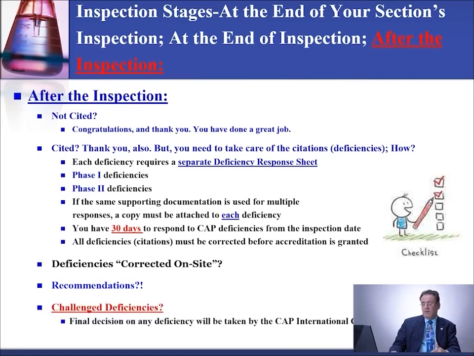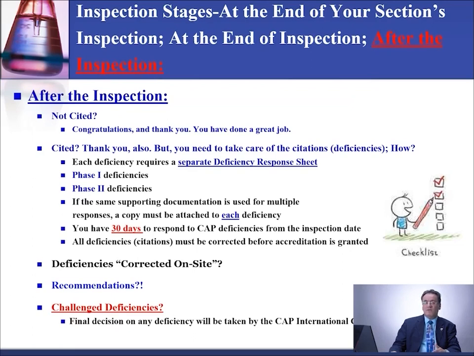If you believe that you were cited unjustly, that the inspector cited you unjustly, then you can challenge these deficiencies, but you need to provide supporting documentation that you were in compliance before or at the time of the inspection.